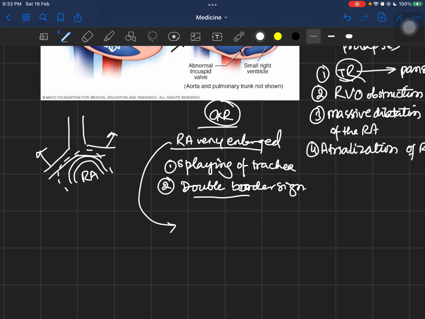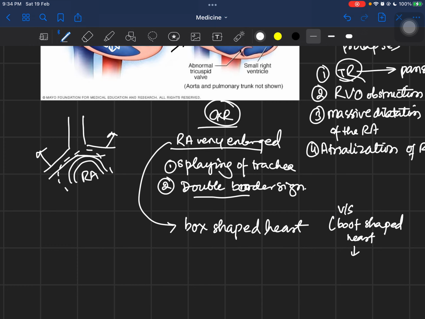But what we say characteristically in patients with Ebstein anomaly is that the heart is so much enlarged that it appears as a box, and that is known as a box shaped heart. A boot shaped heart would be seen in tetralogy of Fallot. So please don't get confused between a box shaped heart and a boot shaped heart.